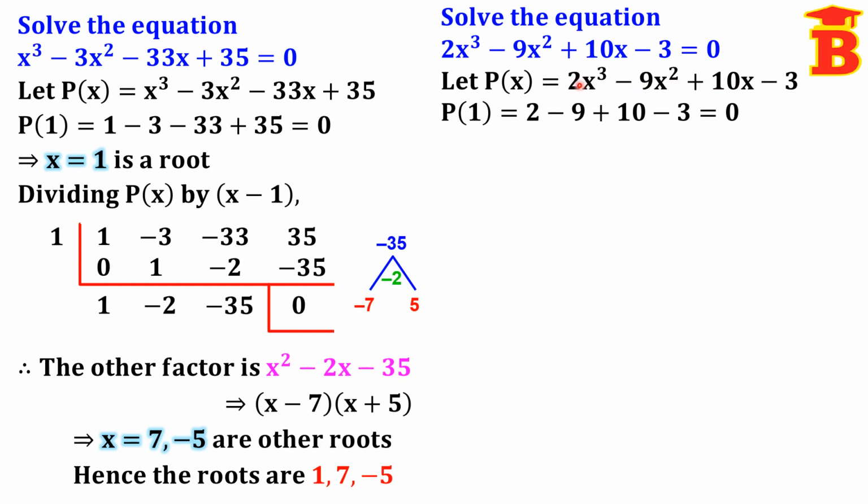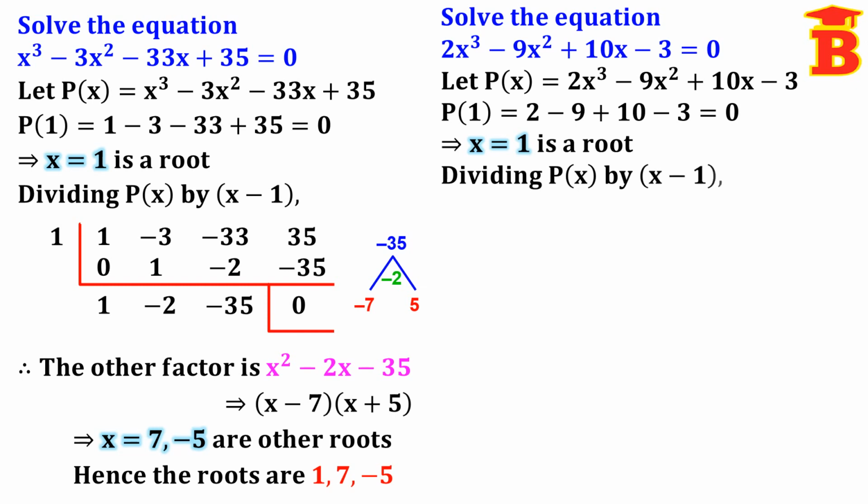So that means take and write all the coefficients: 2, minus 9, plus 10, minus 3. Here adding the positive numbers 2 plus 10, 12, and negative numbers minus 9 minus 3, minus 12. 12 minus 12 equal to 0. So this implies x is equal to 1 is a root.